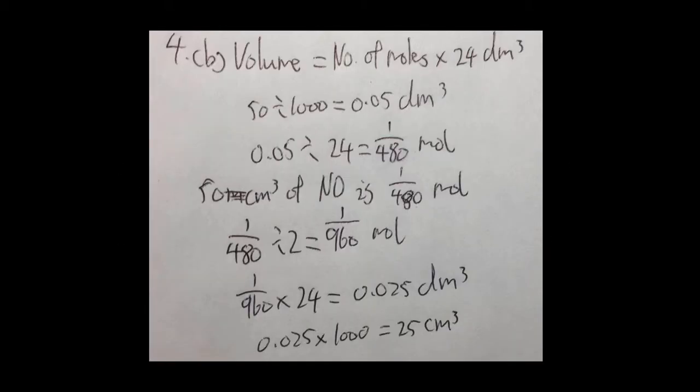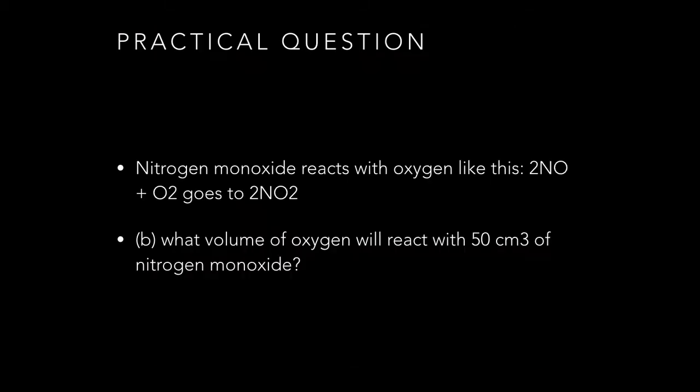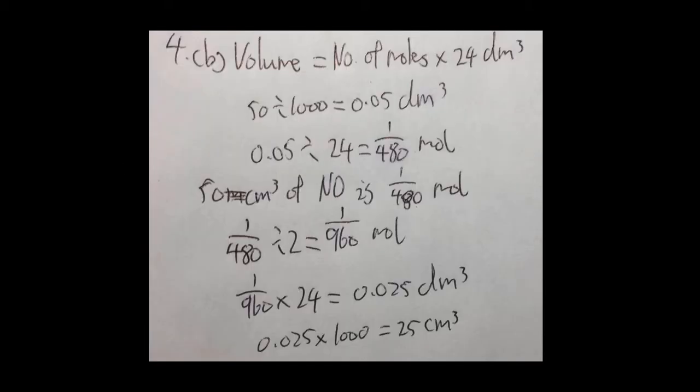So basically, you use 1 over 480 divided by 2 gives you 1 over 960 mole, which is the actual number of moles in the oxygen with the given volume of nitrogen. And then you use this times 24 dm cubed to give you the volume, which equals 0.025 dm cubed, which, if you want to change it into a whole number, you times by 1,000, it gives you 25 centimeter cubed. So there's your answer.